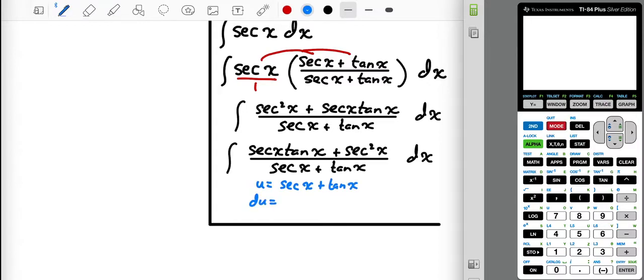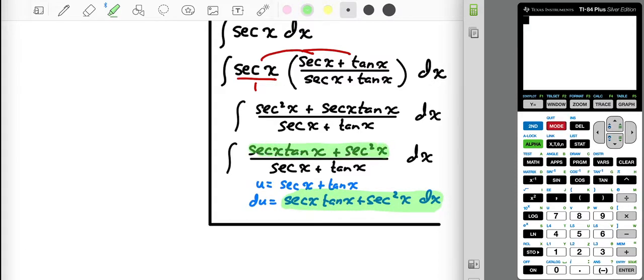Then du, if you take the derivative of each part separately, becomes secant x tangent x plus secant squared x dx. So we get a nice clean substitution, which you don't necessarily always see coming when you start embarking on a journey like this.